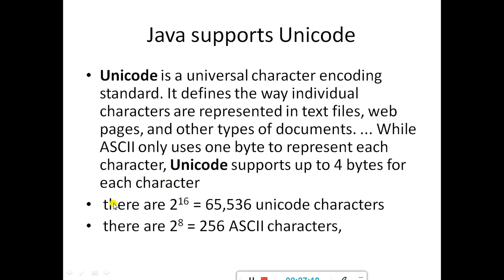ASCII is 2 raised to 8, that is 256 characters, but Unicode is 2 raised to 16, that is 65,536 characters supported. Because Java can work on distributed applications as well as web pages, we require a way to accommodate all types of characters, not just English characters. So for that we are using Unicode.